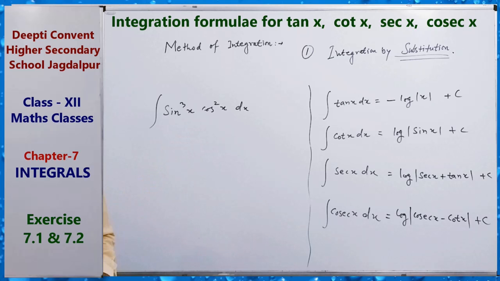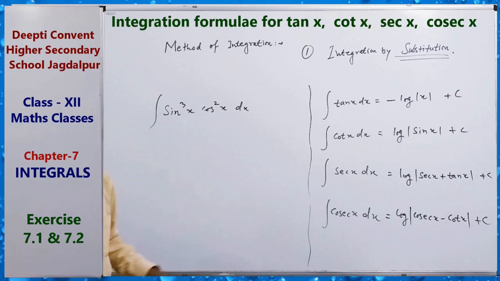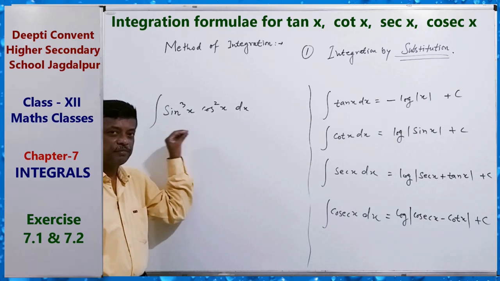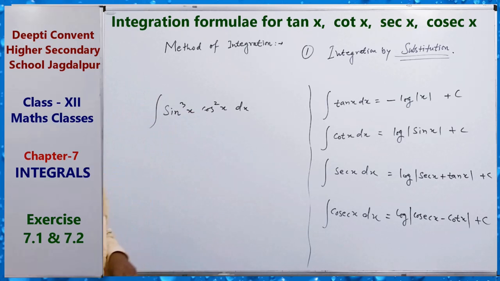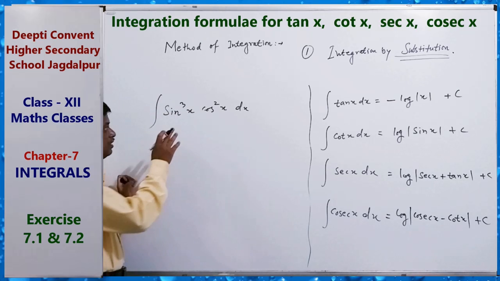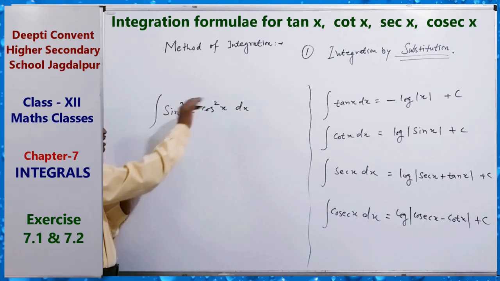Here, how can we adjust the integrand in such a way that derivative of some quantity is present here also. So generally in this type of questions, cos and sine both are involved and power is like this.